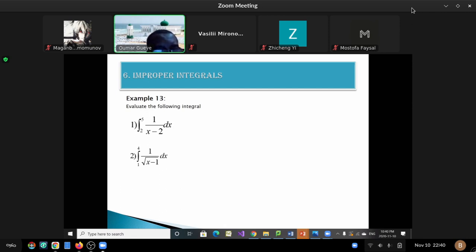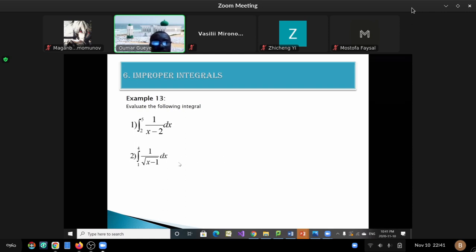Sometimes the point is not the endpoint. It could be somewhere inside, and you have to double check the domain of your function. You see, at 1, the function is undefined, because when you substitute x by 1, it becomes 1 over 0, undefined. That's why we have to remove this point.